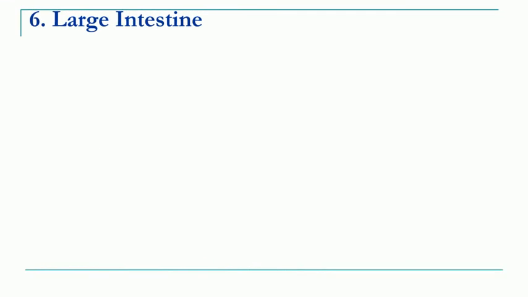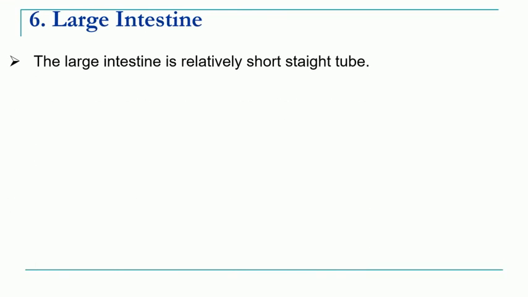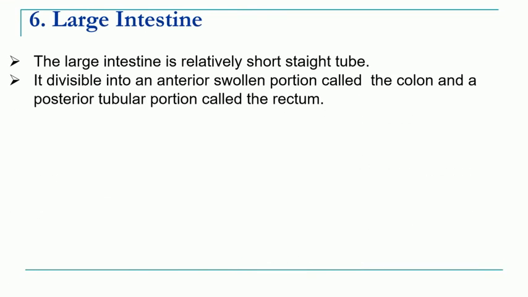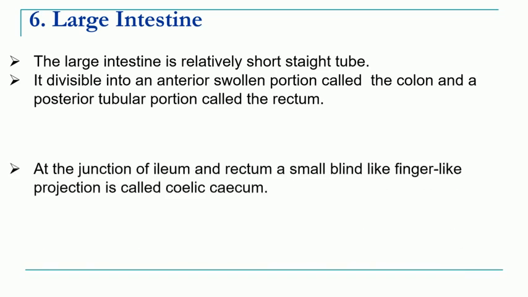So now we move on to the next part of the alimentary canal, that is the large intestine. The large intestine is comparatively smaller in length than the small intestine. However, it is wider in diameter than the small intestine. If we divide this large intestine, it can be divided into an anterior region, which is called the colon, and the posterior region, which is called the rectum.